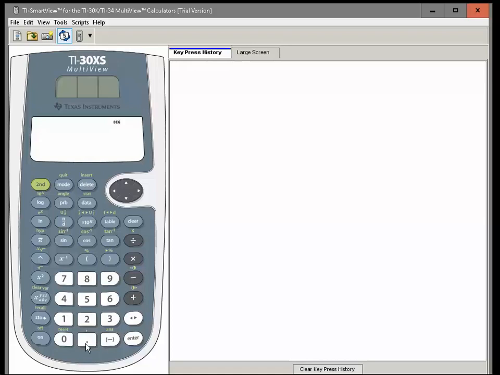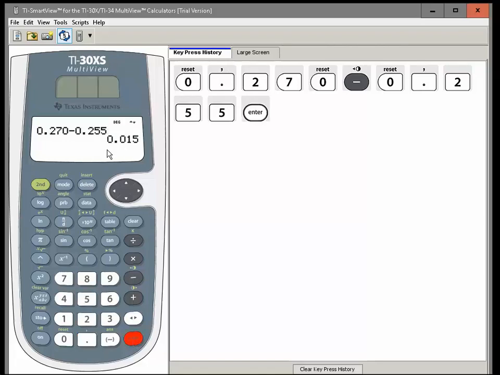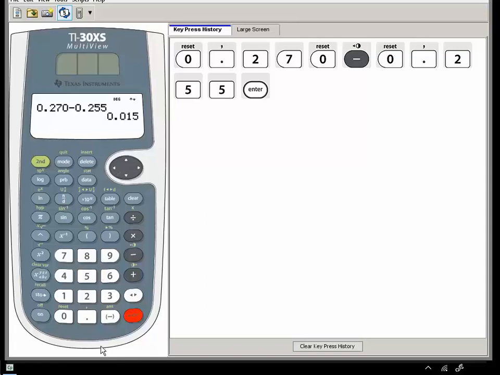To do this on a calculator, we can type in 0.270 and subtract from that 0.255. Pressing enter gives us the value. The value is 0.015. That is the range.